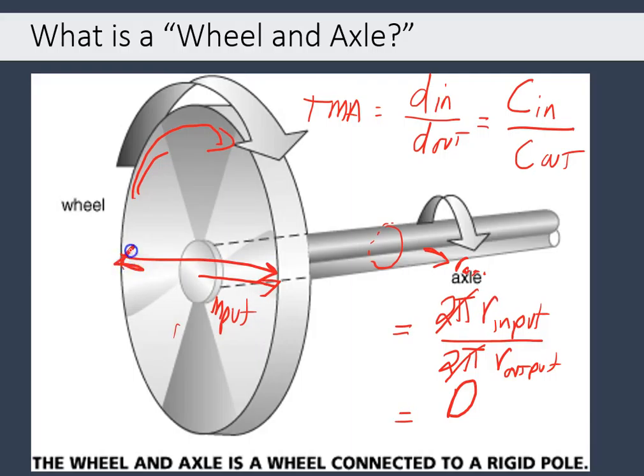Let's just take the outer diameter. Again, it's not output diameter, it's the big diameter, divided by the little diameter here. Okay, so it's D big over D little.